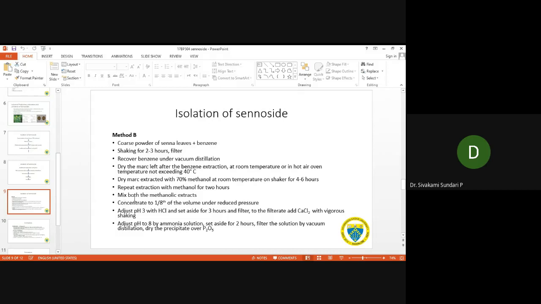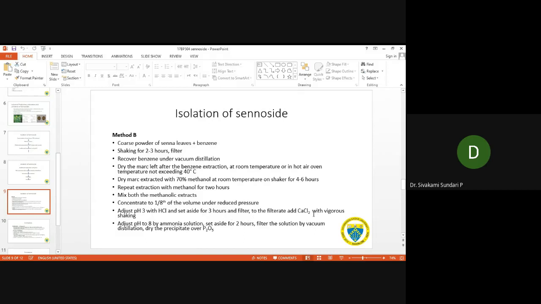The methanolic extracts are combined, then concentrated to 1/8th of the volume under reduced pressure. Adjust the pH with hydrochloric acid until it reaches pH 3. Then set aside for 3 hours and filter.